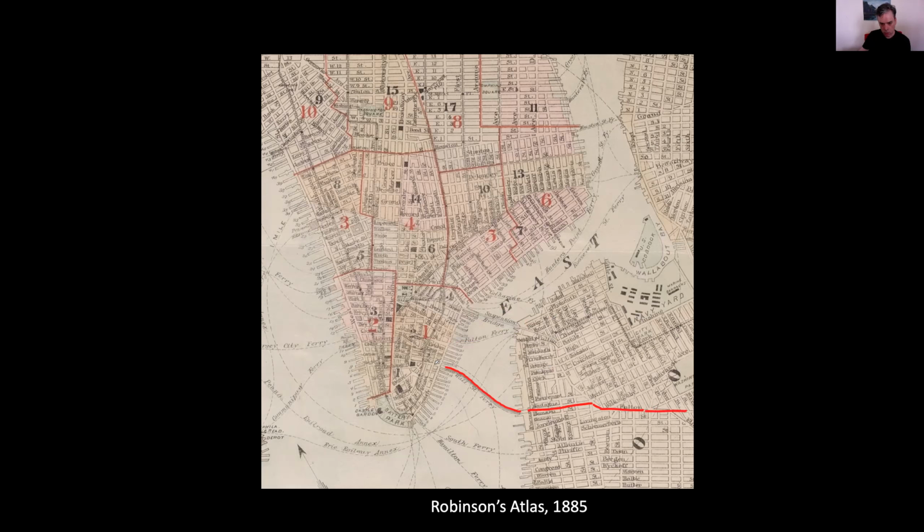And of course, on to Wall Street on the Manhattan side. So the Wall Street Ferry was really important. There's also the South Ferry, which connected into, you can see here, Atlantic Avenue, which became this major thoroughfare in Brooklyn, and of course still is, and went all the way out east, miles and miles, 10 miles or more east.